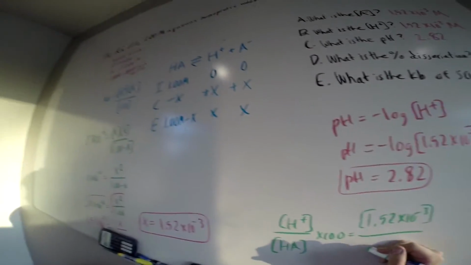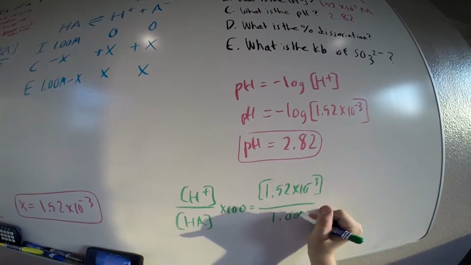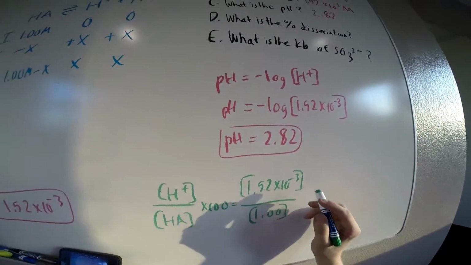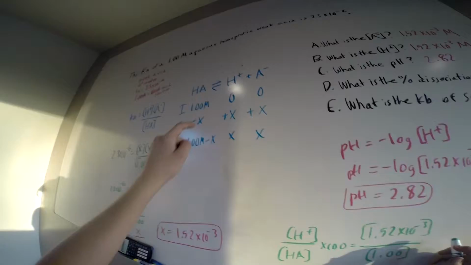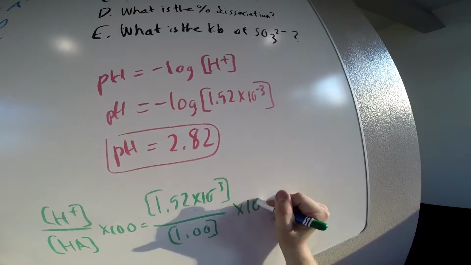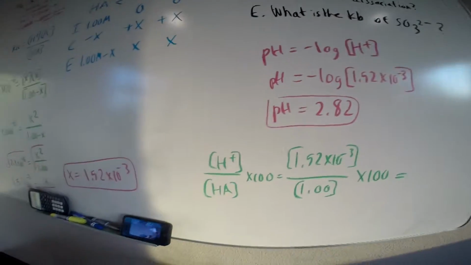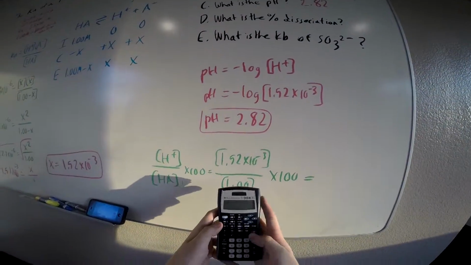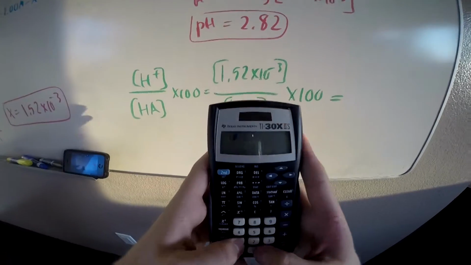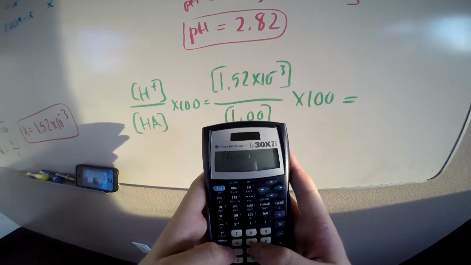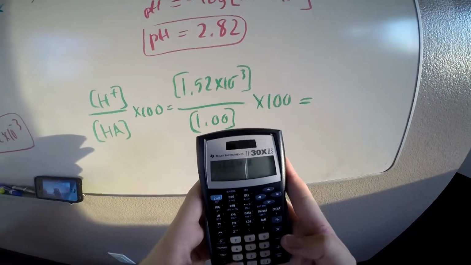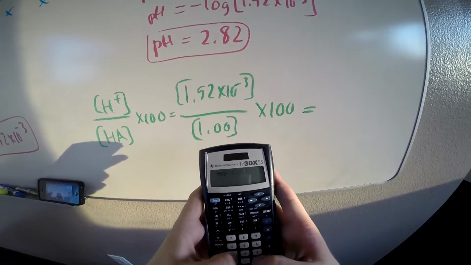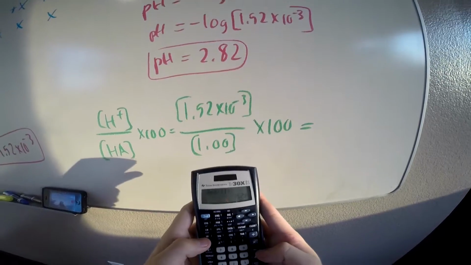And our HA concentration was 1. All right? So that was our concentration for our initial HA concentration. Now we're going to multiply by 100, and we are going to get our answer. So now let's use a calculator, and we're going to do 1.52 times 10 to the negative third, divided by 1, which is 1, times 100.